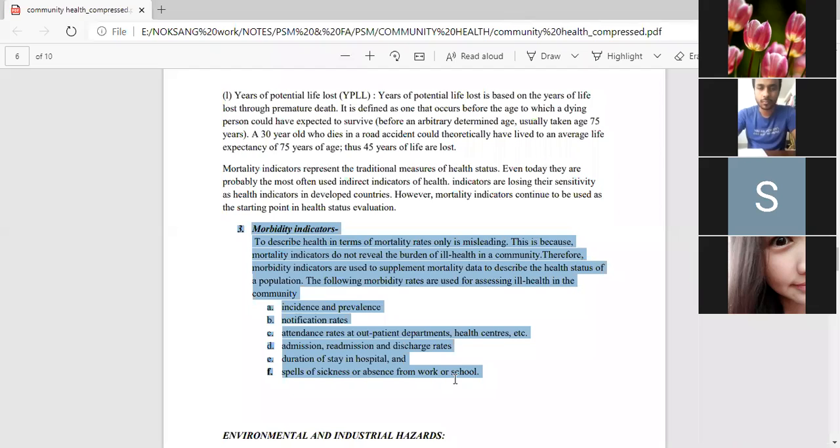If you were admitted in the hospital, you need to provide a medical certificate to the authority that you were really sick. Understand? So these are the morbidity indicators, A, B, C, D, E, F. These are the points which you need to write down.